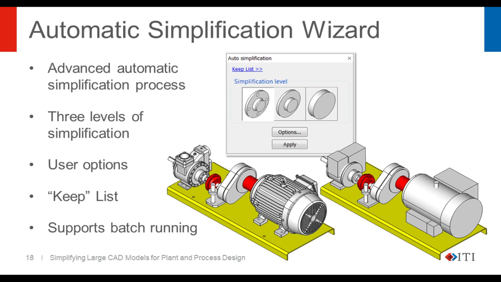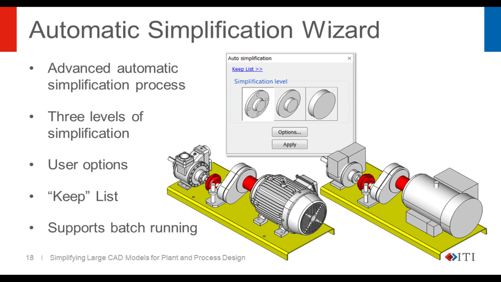So we have something called the automatic simplification wizard, which is an advanced intelligent process that brings together the operations we've been looking at, such as small solid removal, hole removal, conversion to primitives, internal detail. And it brings it together for a fully automatic model simplification process.